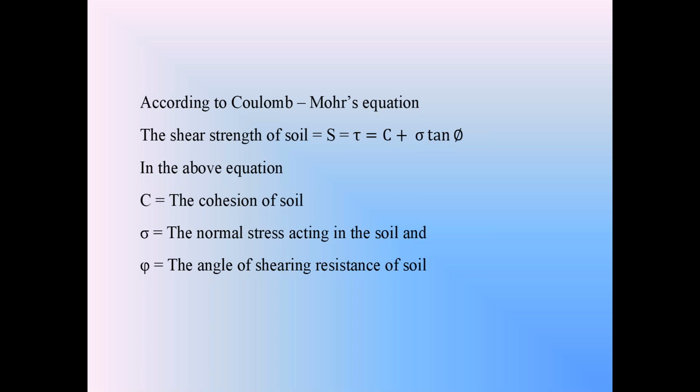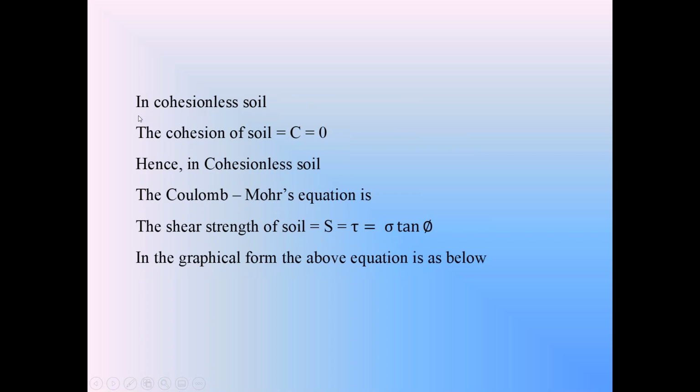We know that we have two types of soils basically, cohesionless soil and cohesive soil. In cohesionless soil, the cohesion C is equal to 0. So in this equation, if the cohesion C is 0 in cohesionless soil, this equation becomes S is equal to or tau is equal to only sigma tan phi. So in the cohesionless soil, the Coulomb-Mohr equation is given by S is equal to or the shear stress tau is equal to sigma tan phi.